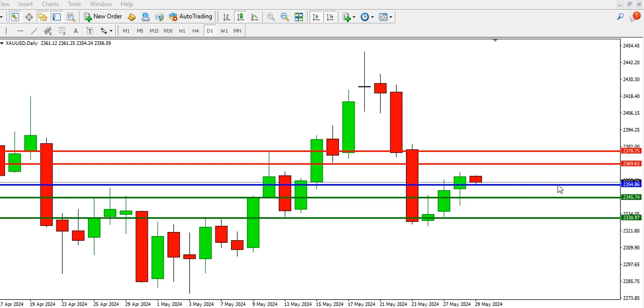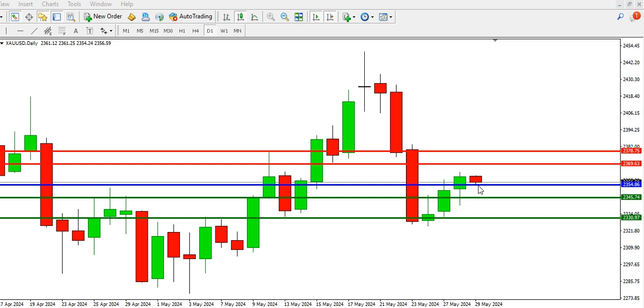I have the pivot level at 2354.86 for today, and price opened well above the pivot level and is currently trying to test it.